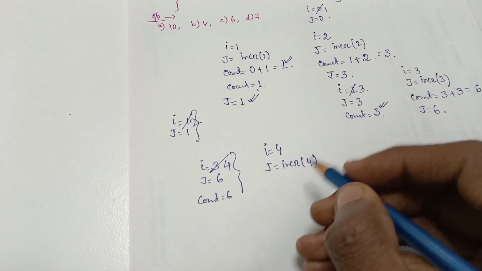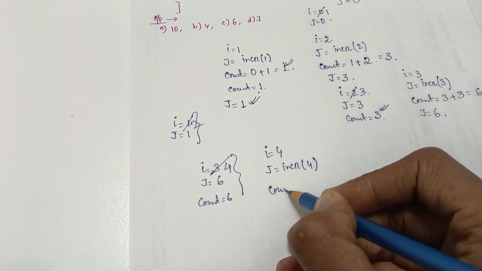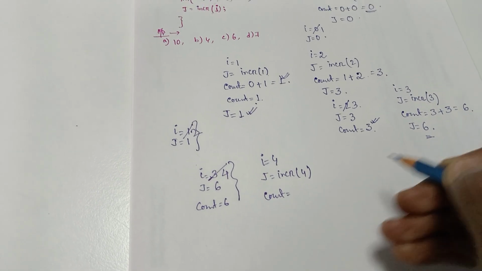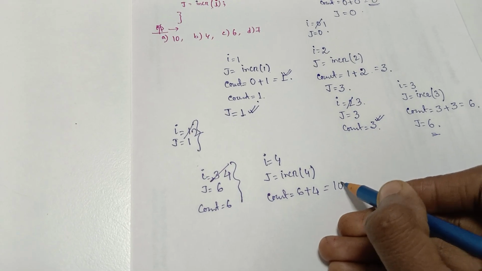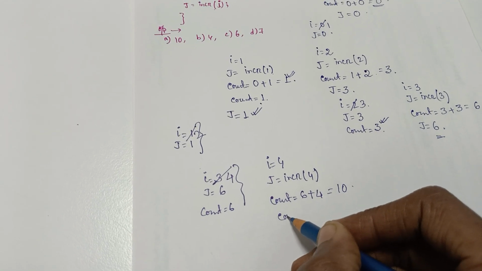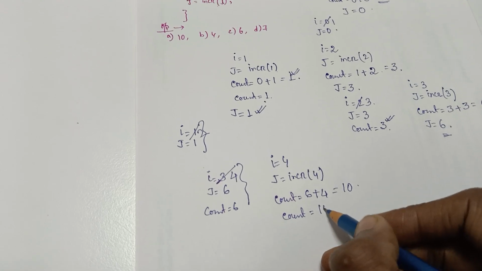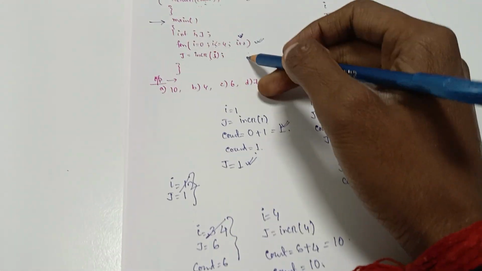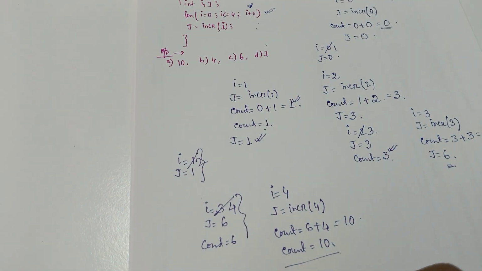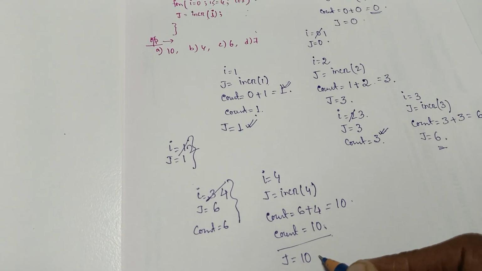When it executes, the previous count value is 6, plus the i value 4, so count is 10. Sorry for the mistake. So count is 10, which is returned and received by j. So j's value is now 10.